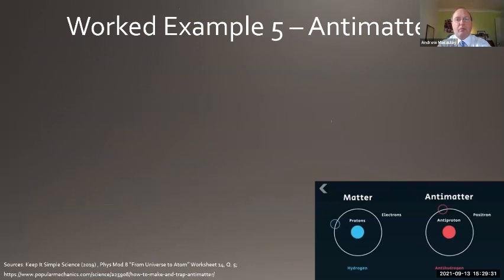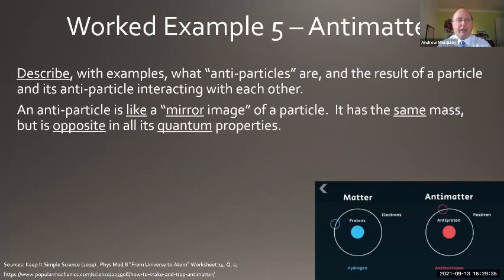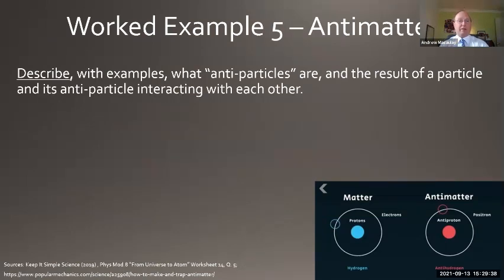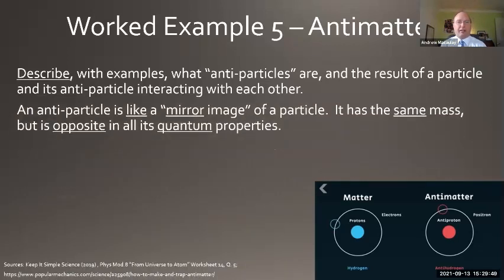So here's a worked example. It says, describe with examples what antiparticles are and the result of a particle and its antiparticle interacting with each other. So here's the answer. An antiparticle is like a mirror image of a particle. Now, that's an analogy, so we won't push it too far. It has the same mass, but it is opposite in all its quantum properties.